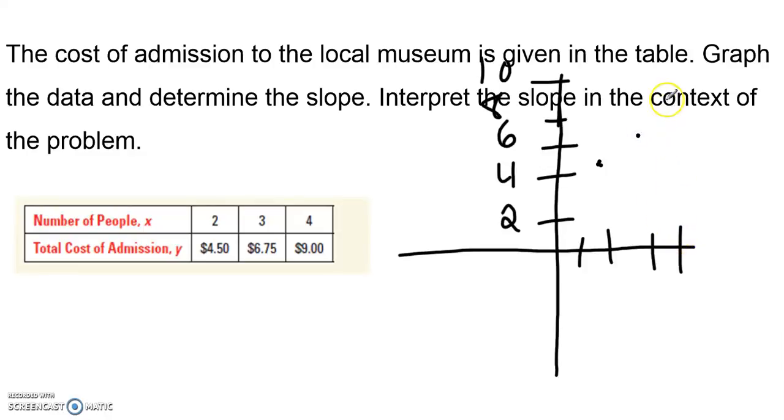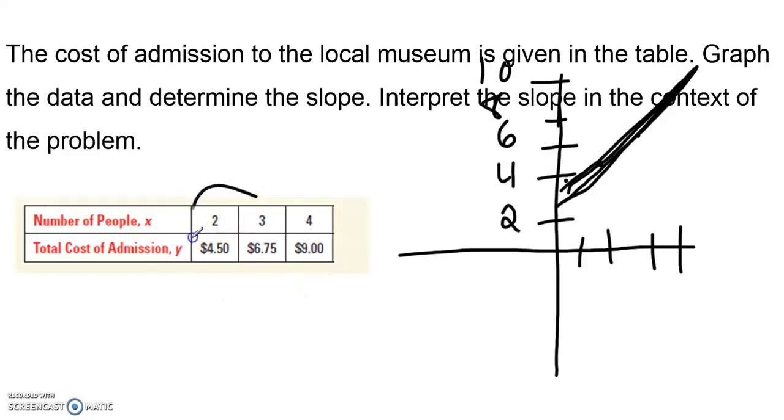And then for 4 people, we have right there. So then our line looks like that. Obviously, it will look better when you graph it, but I just completely ruined that. But this is an example of how you can't always use a graph to figure out what your slope is.